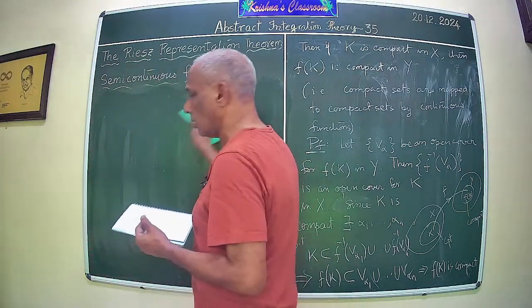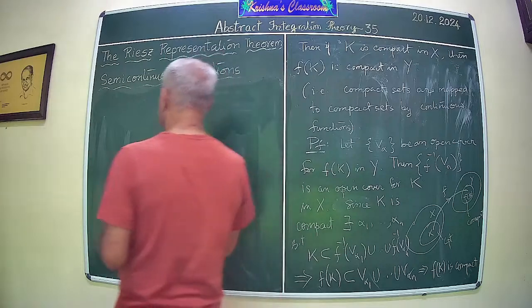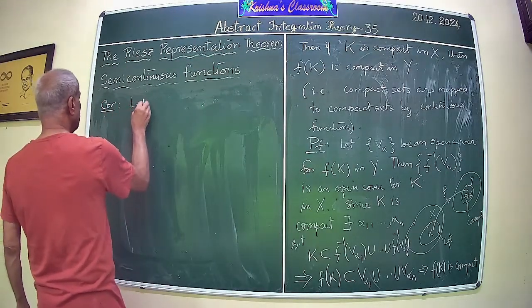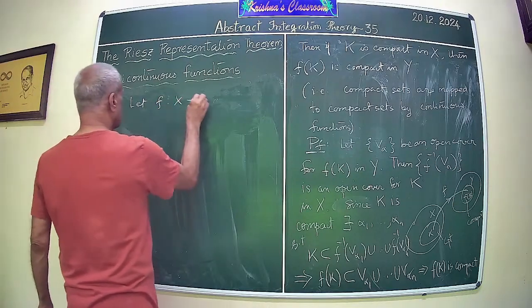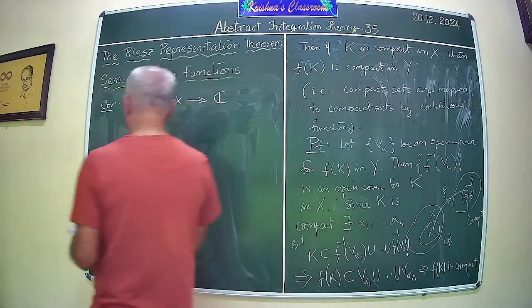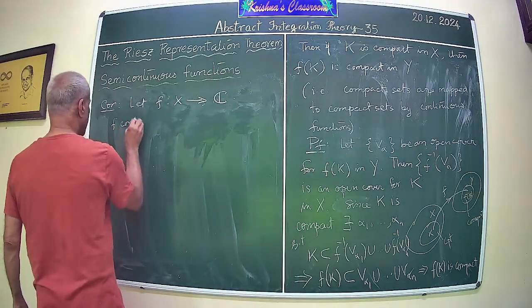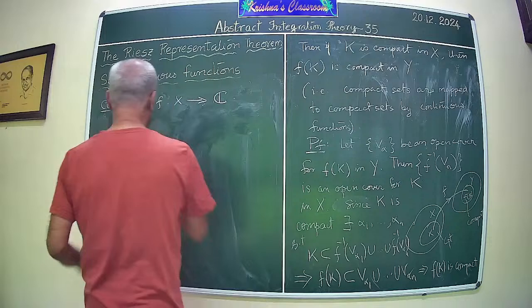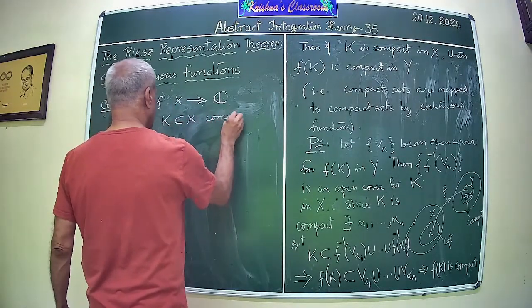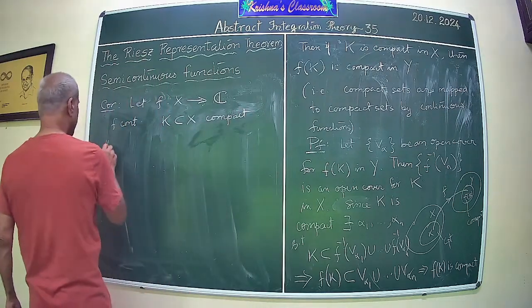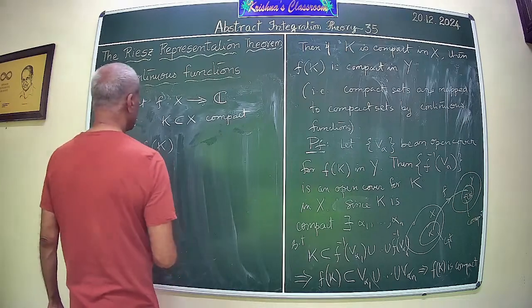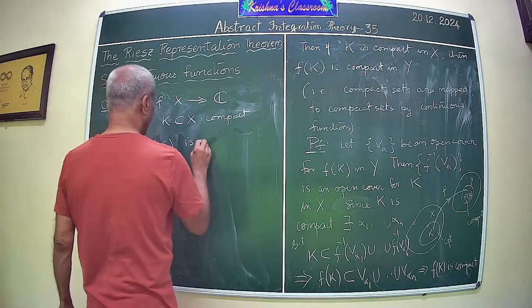If we are talking about a complex valued function f continuous and K compact, then f(K) is compact.